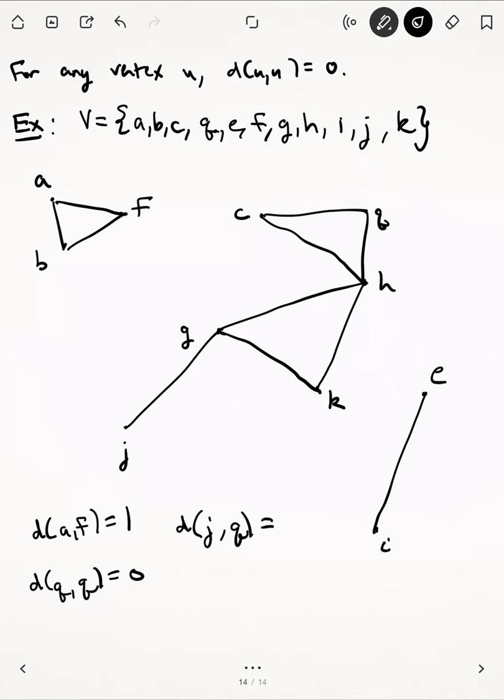What does d(J,Q) equal, you think? 1, 2, 3. It's 3, because you always want to find the minimal path between the two vertices, and that's just J to G, G to H, and then H to Q. You don't want to go by K, or J, G, K, H, C, Q, right? It's long. So d(J,Q) is 3. And if you're super curious, d(A,Q) is undefined.